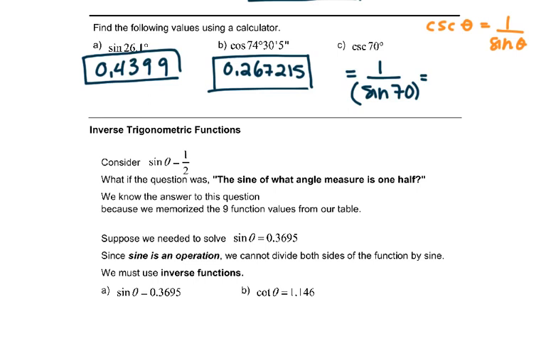So 1 over the sine of 70 in degree mode, remember talking about your mode, we've got 1.06417. You actually get 4 sevens and then a 2. All right, so that's how we can type things into our calculator.